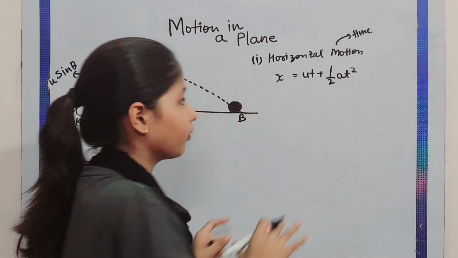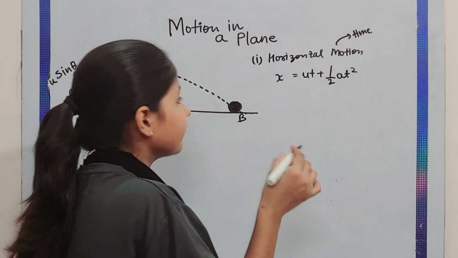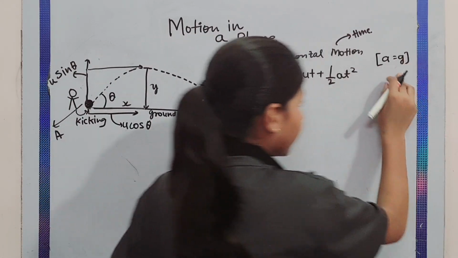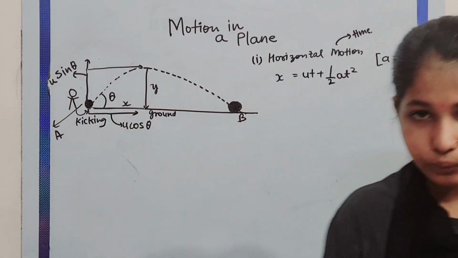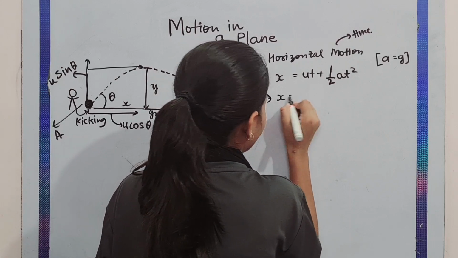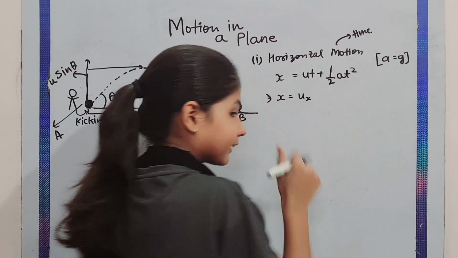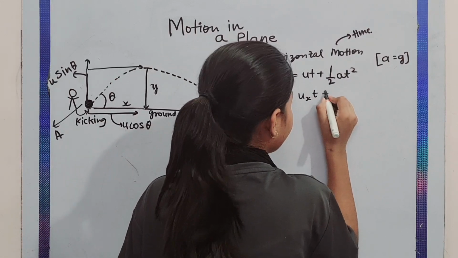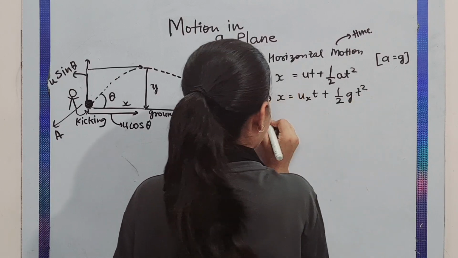Can I write like this here? Yes, simply. First of all, one more thing: here a will be g, which means acceleration due to gravity. Because the initial velocity is along the x-axis and we are finding x, I am writing it this way, and (1/2)gt².